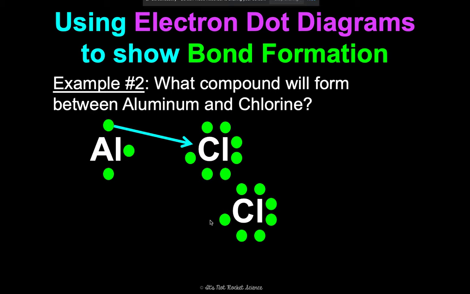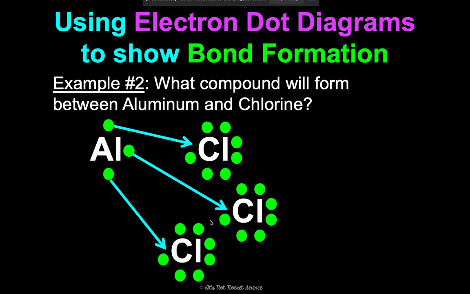But you still have 2 more of those aluminum electrons, so we need to start adding some elements. So here's another chlorine to transfer another electron, because aluminum needs to lose 3 electrons to be stable. So we're going to add 1 more chlorine to make aluminum stable, and there we go. So now your compound is aluminum chloride.